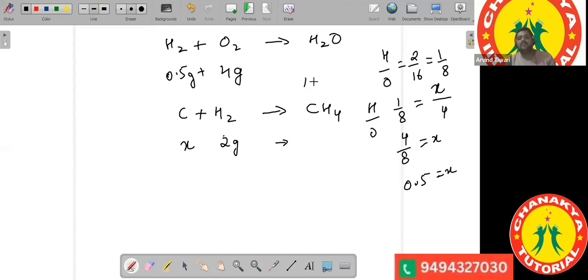That means 3:1. So they are present in the ratio of 3:1. So if you have 2 gram of hydrogen, again you can calculate in the same way. You will require over here 6 gram.